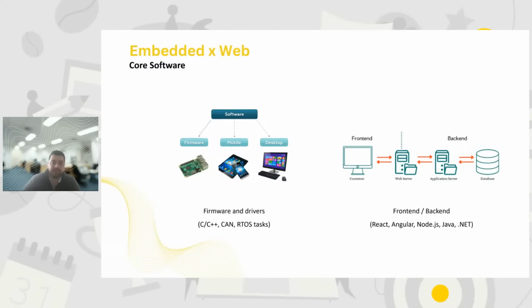On the other hand, when we are talking about web, we have the division between front end and back end, and of course different technologies, a different technical stack. We will see it later. But here we can make a comparison and understand that we have the firmware on the embedded side, and the front end and back end and the interaction between these parts on the website.